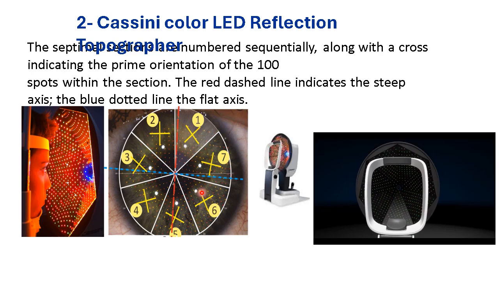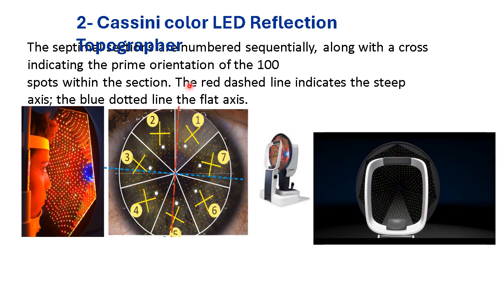So we will have a good estimation of the pachymetry, as well as a good idea about the corneal astigmatism, taking into consideration the anterior corneal astigmatism as well as the posterior corneal astigmatism.